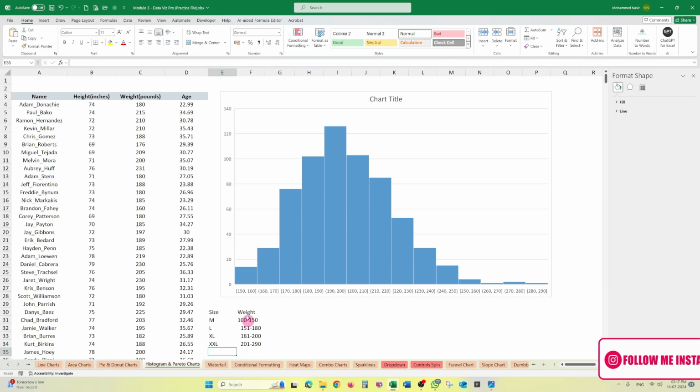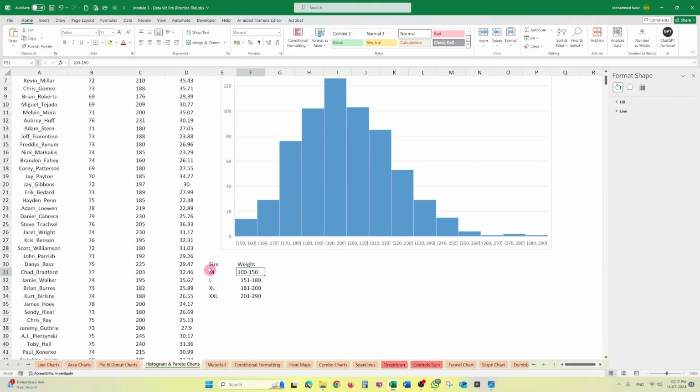So if we decide that this is the actual size of any garment or apparel, if the person's weight is 100 to 150, then he can wear M size, and if the person's weight is 151 to 180, then he can wear any apparel of L size, and so on. So this is the standard size.